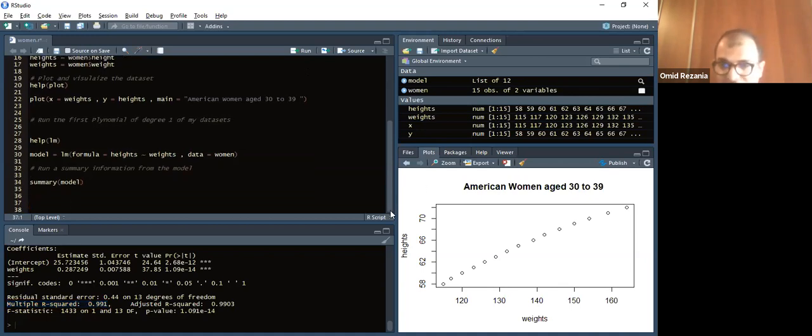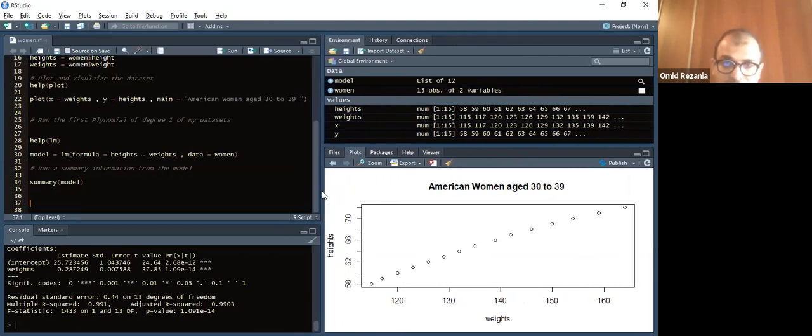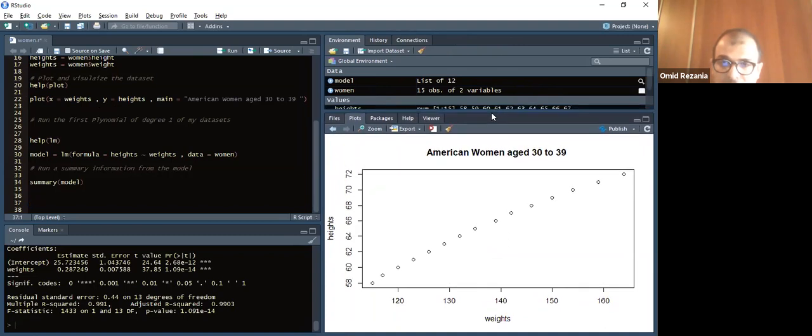The plot that we had for the model, you see that we had American women aged 30 to 39. This is the line which we had, the plot with X as weights, Y as heights, and we put the name of the plot, American women age 30 to 39. Everyone please go back to the same plot, and you see the plot which we created. Look at this plot.